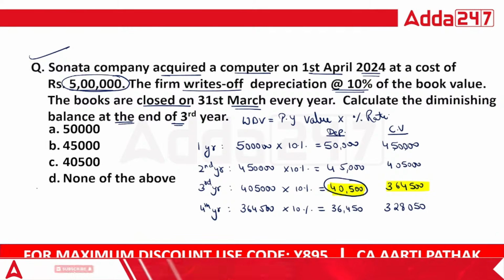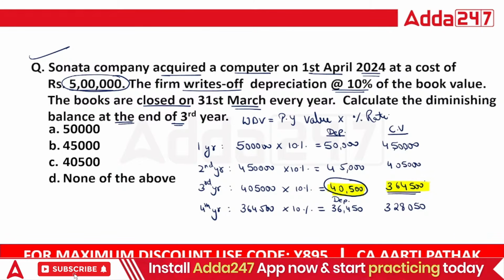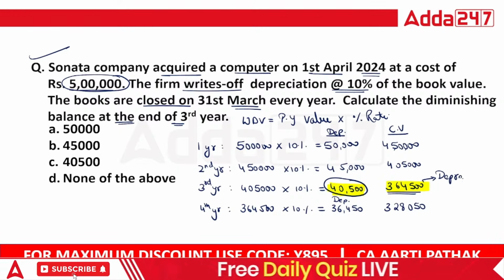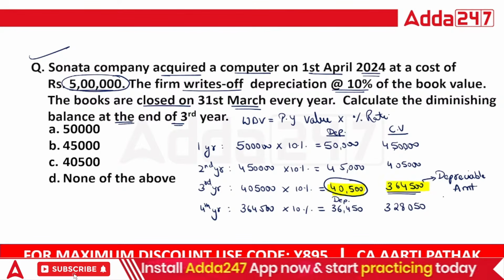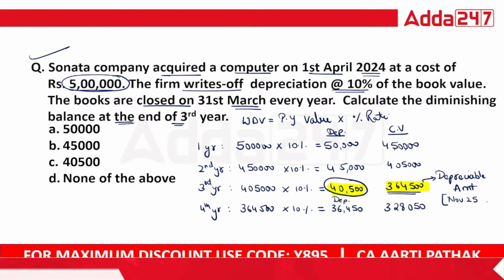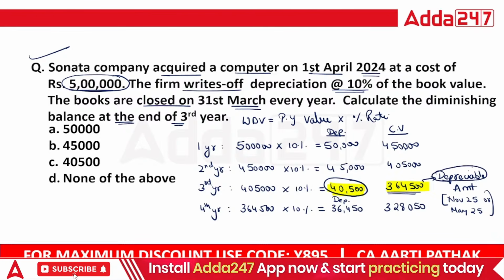See, there are two things. This is your depreciation amount, and this 3,64,500 on which you are going to charge depreciation is known as the depreciable amount. I think in November 25 or in May 25, they asked one question based on this term, depreciable amount. So you have two things.